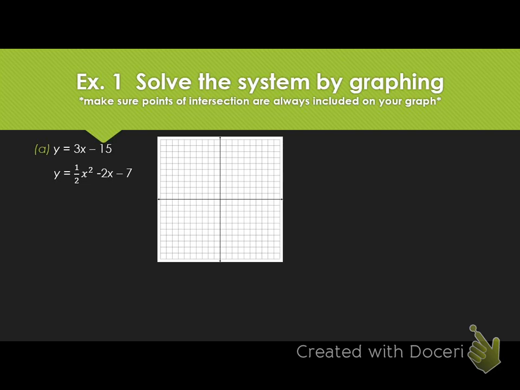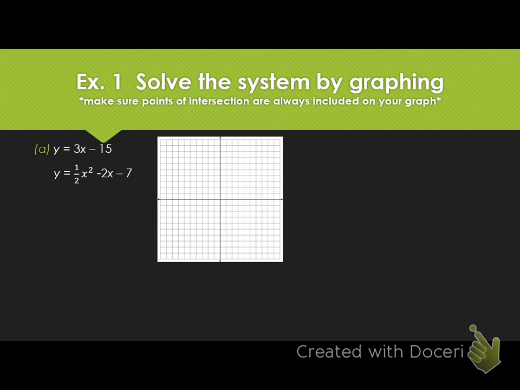All right, now here's what I want to make sure you understand, because the last hour that I taught this, we struggled a little bit. You have to make sure that the points of intersection are always included on your graph. So grab your phones, go to Desmos, and plug both equations in, so that we know which points we're actually going to put on our paper. So go ahead and plug in y equals 3x minus 15.